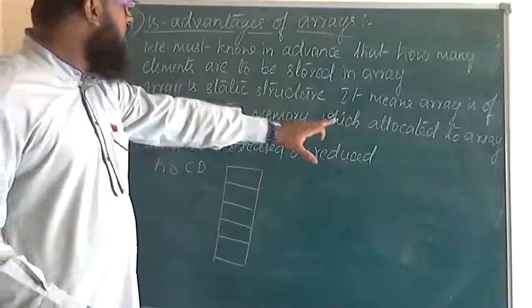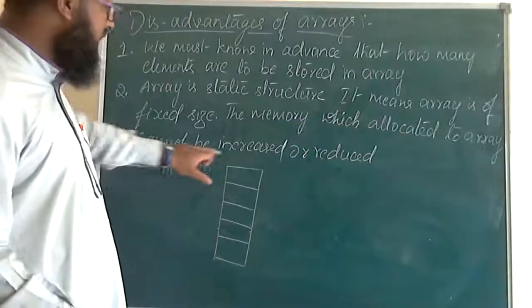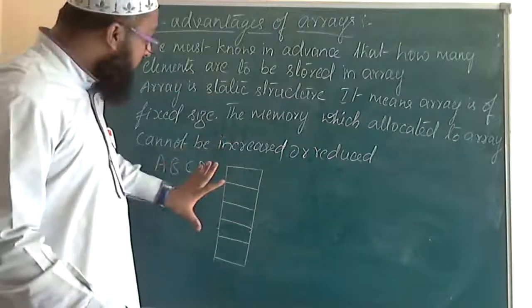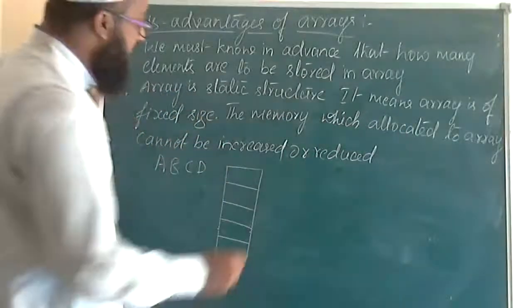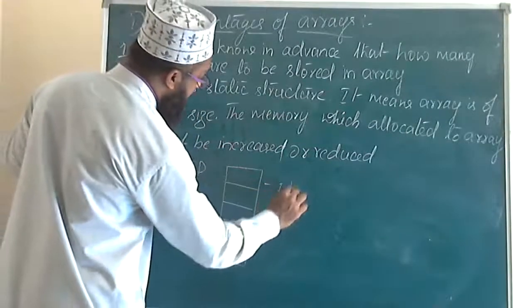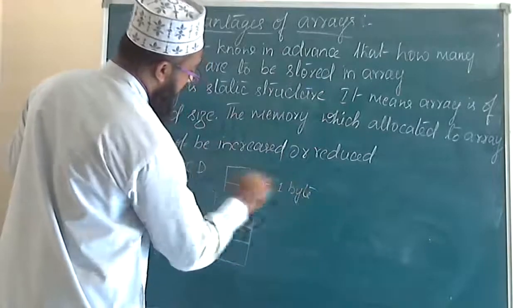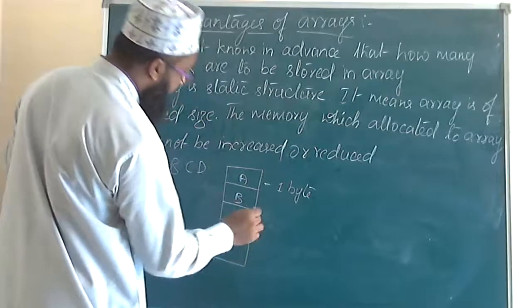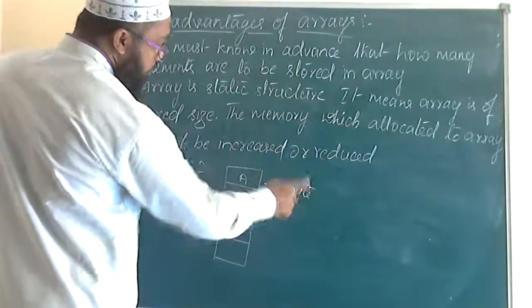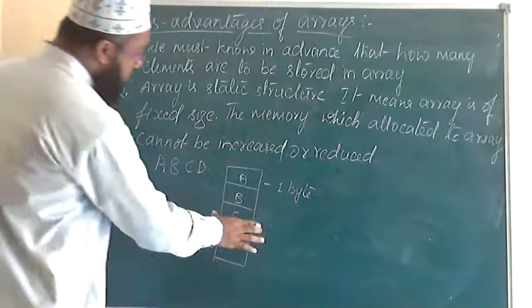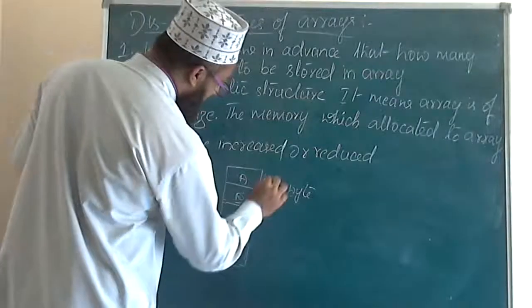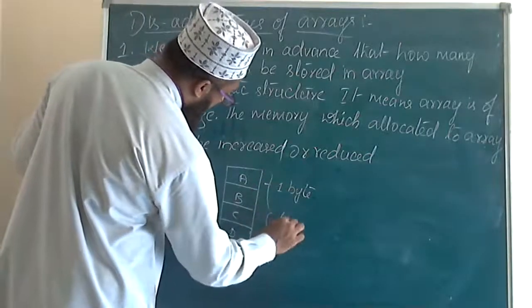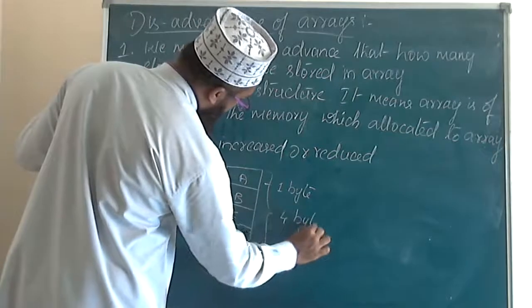See here, the memory which is allocated to array cannot be increased or decreased. Think of each element as 1 byte: one element each for a, b, c, d. In totality, 4 elements have a memory of 4 bytes.